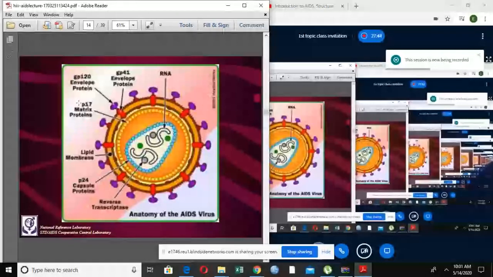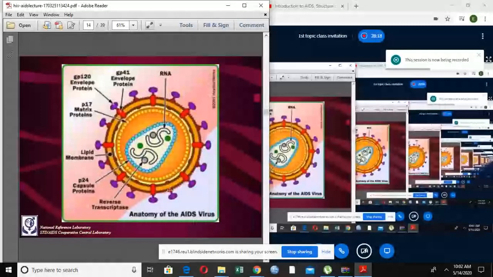So this receptor is the one that will come into the receptor of the helper cells and damage them. This protein is P21. We have the capsule here, the lipid that covers the DNA as well as the cell.